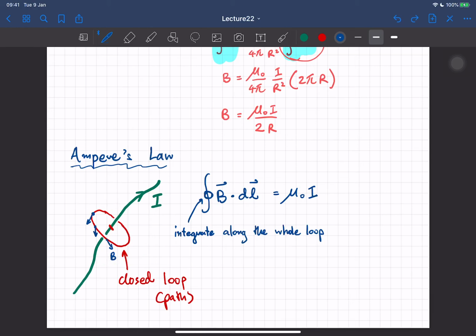And once you have that, as you walk along the loop, you just take the magnetic field that you get at any point on the loop, and then you multiply by the direction that you're walking, and you just accumulate B dot dl, which is the product of the magnetic field and the displacement that you walk, until you end up with the whole loop.